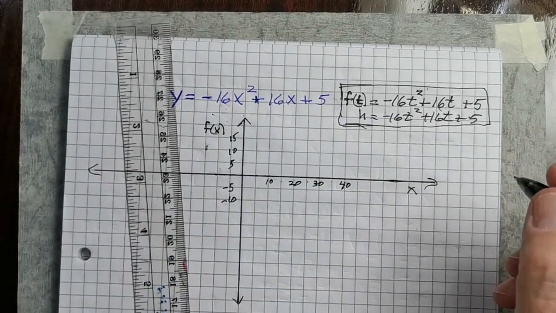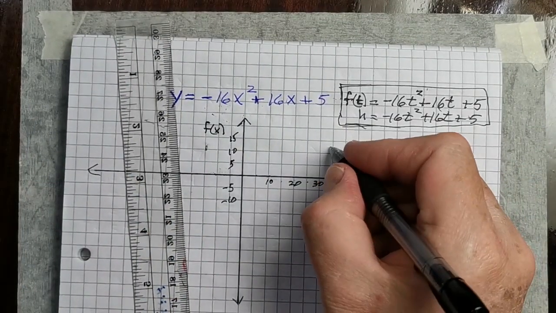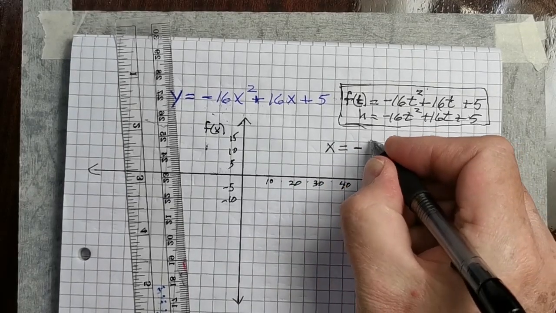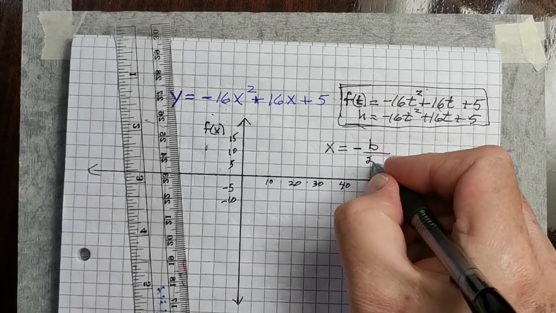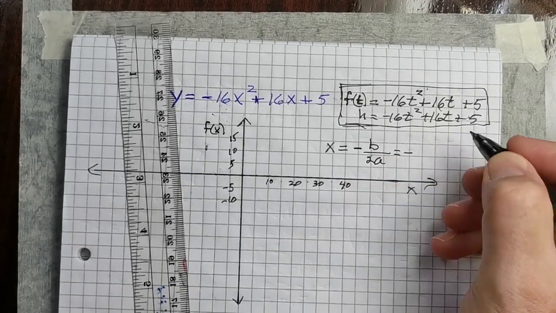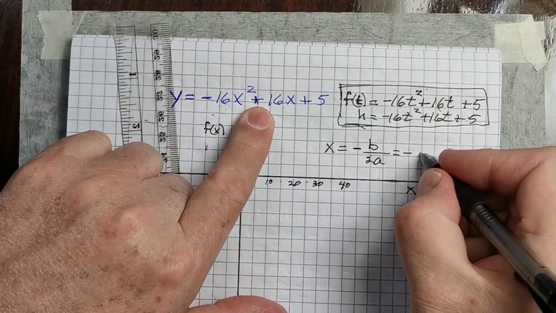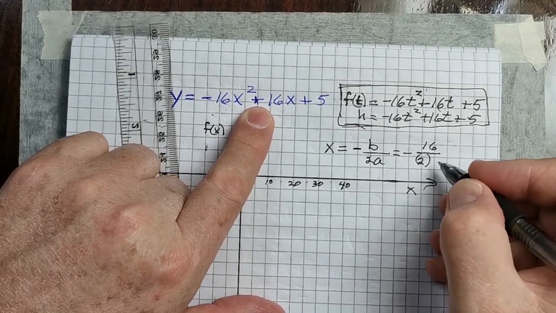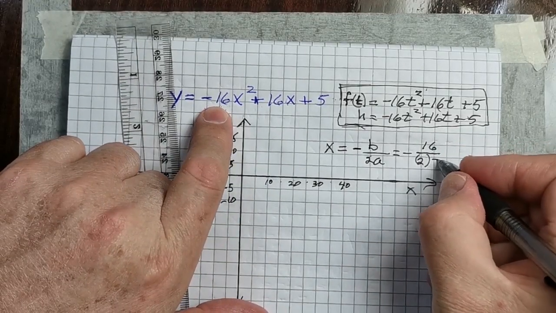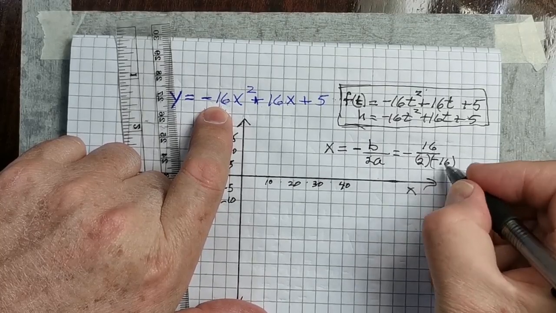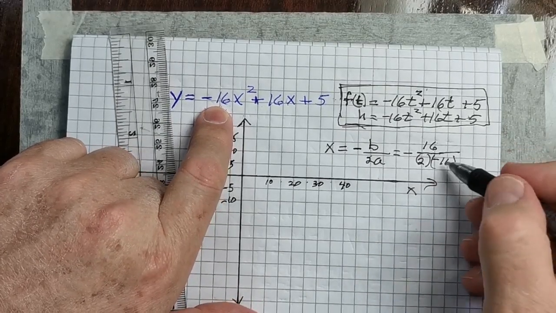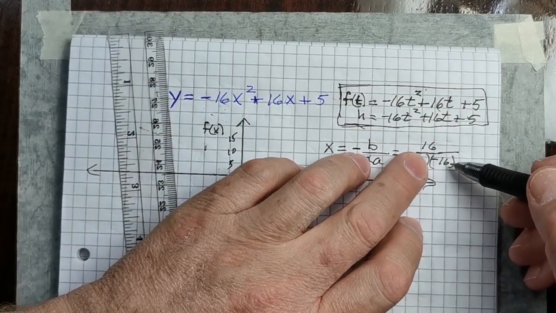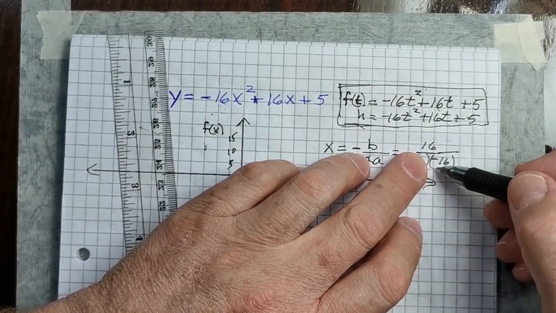What's our axis of symmetry? Axis of symmetry, x equals minus b over 2a, which is minus what? b is 16 over 2 times a. And what's a? Negative 16. 16 over 2 times negative 16. Well, 16 divided by 16 is 1, isn't it? Of course, negative 1.